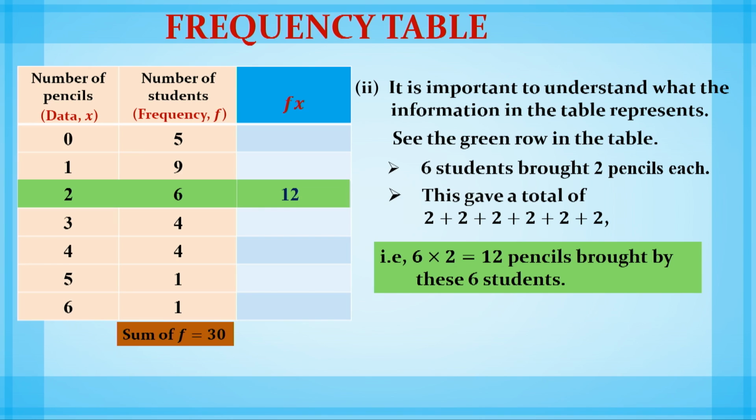The first value in this column is equal to 0 multiplied by 5, which is 0. The second value is 1 multiplied by 9, which is equal to 9. Similarly, you can find all the remaining values in this column.